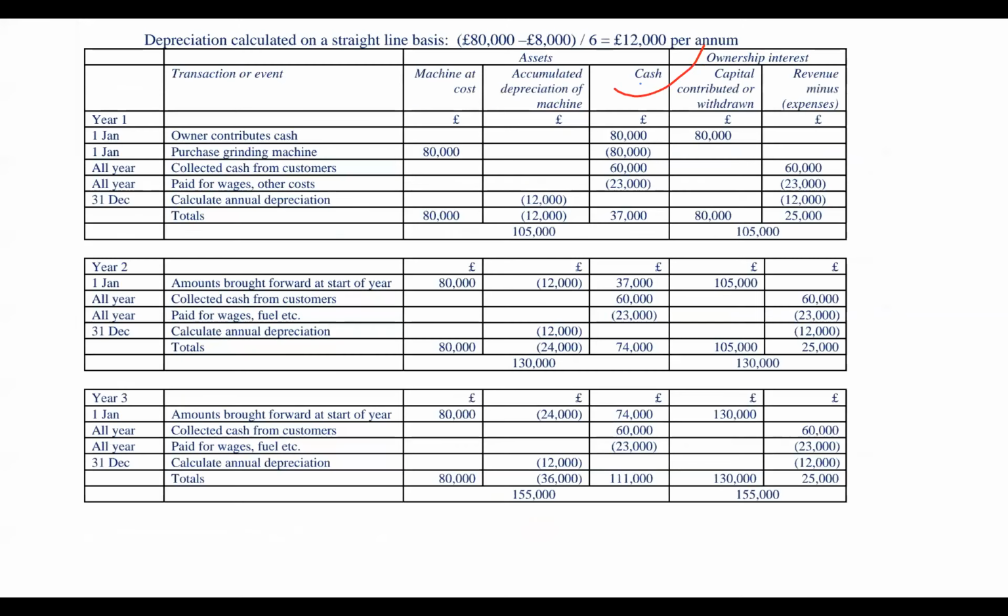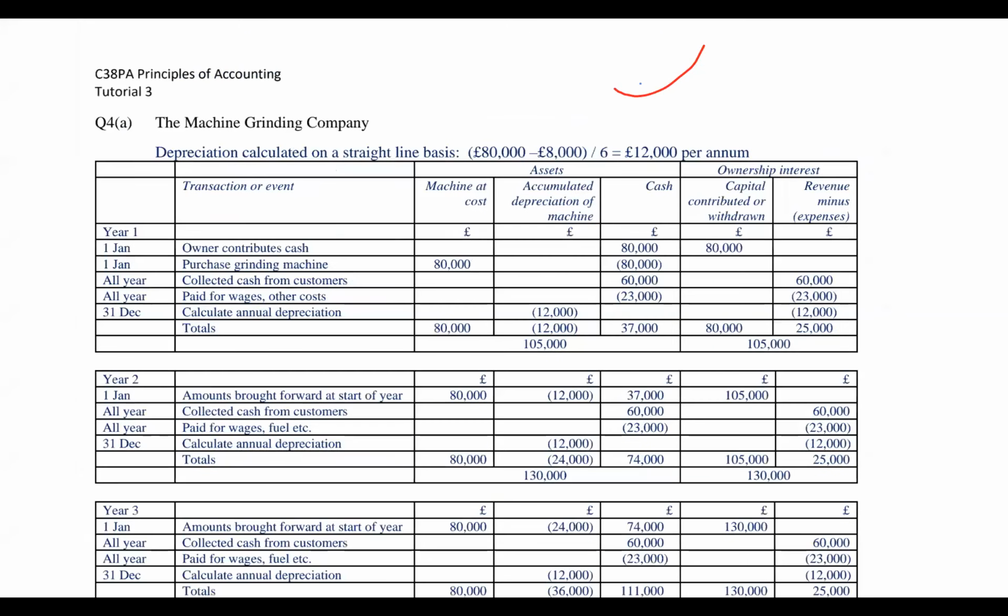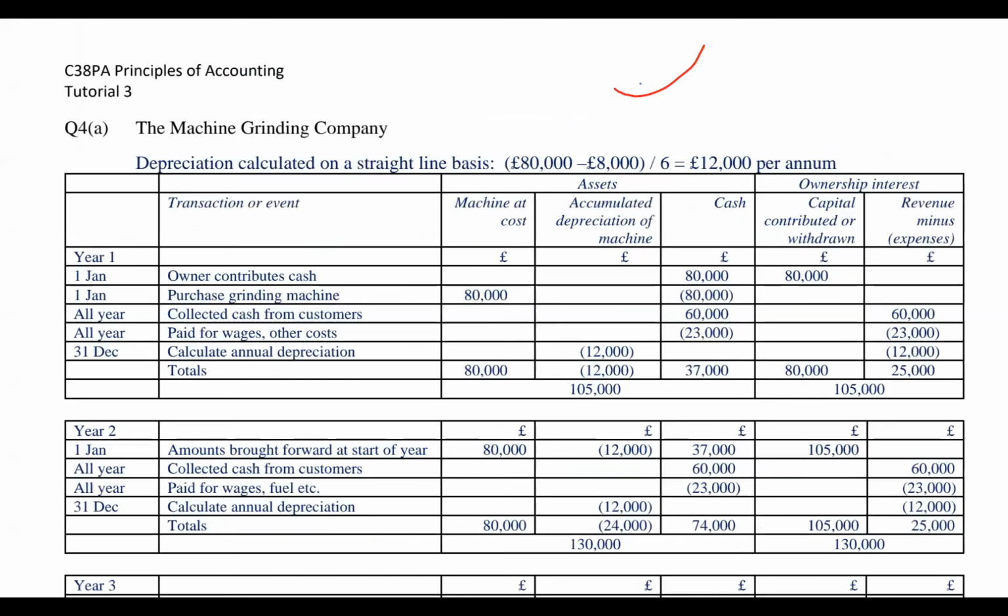I just need to explain the answers so that you may understand them properly. Each year it will be different for the 3 years, because the question said for each of the 3 years. So you start with year number 1.